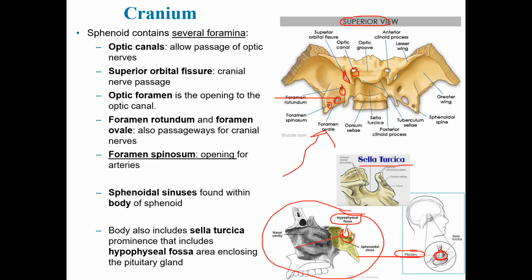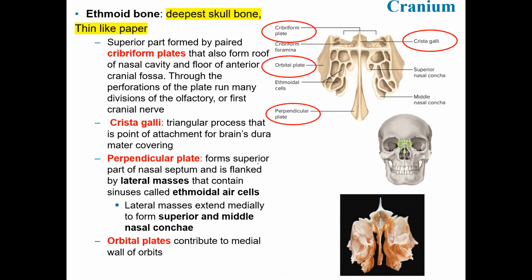You can see the sella turcica here as well, but you can appreciate really how the shape of this depression accommodates the pituitary gland in the mid-sagittal section. And that's pretty much all I'm telling you about this bone. Remember, it pretty much articulates with all other cranial bones.